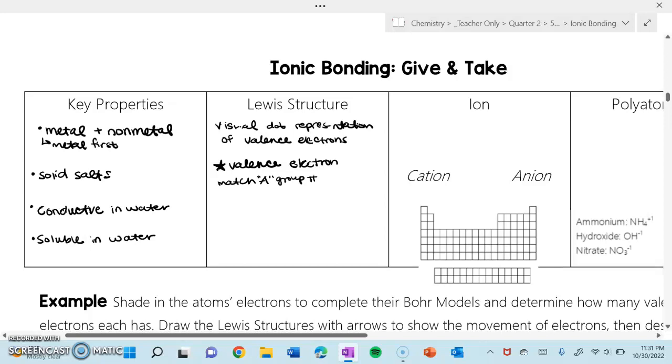And those are, if we look at this periodic table in the ion box, it's 1 valence electron, 2, then we skip the D block, 3, 4, 5, 6, 7, 8. That's your numbering of the valence electrons, and that matches the A grouping.